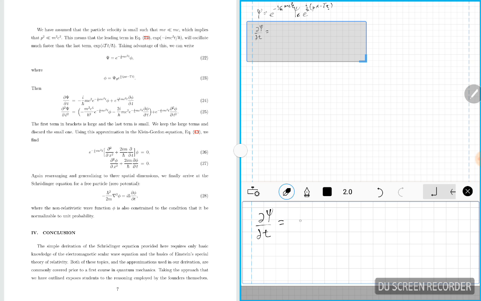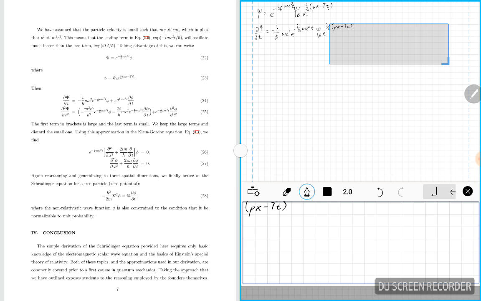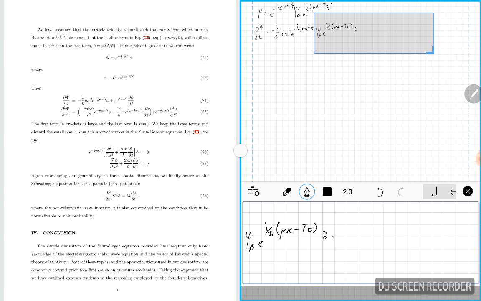So I will have a negative i h bar mc squared times e to the negative i over h bar mc squared t, and then we're going to have this psi naught e to the i over h bar px minus T t, and then we will have the derivative of that.